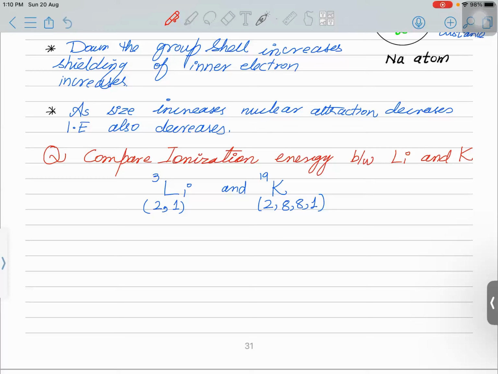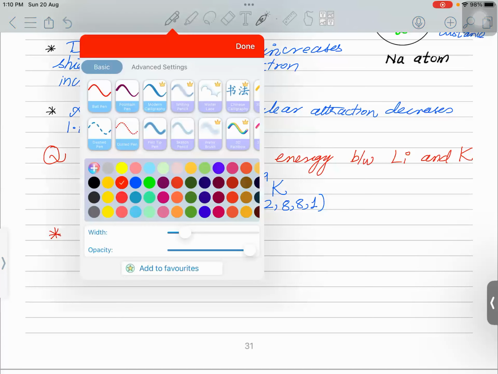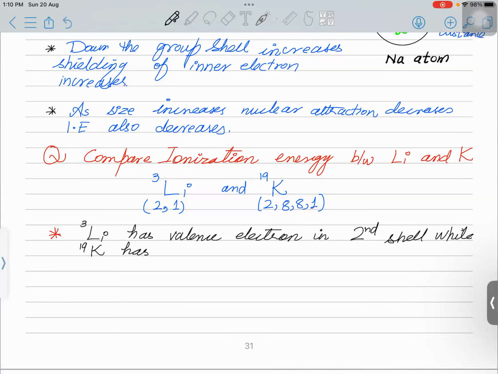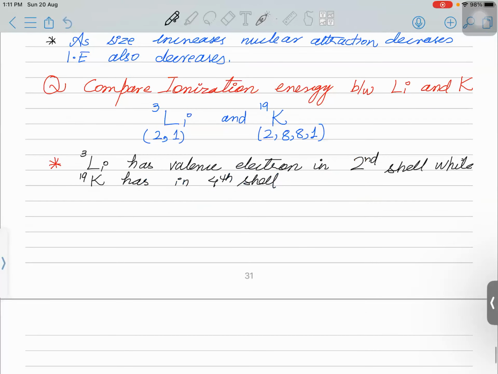So write the first point. Lithium has its valence electron in the second shell, while potassium 19 has it in the fourth shell. Which one has greater nuclear distance?